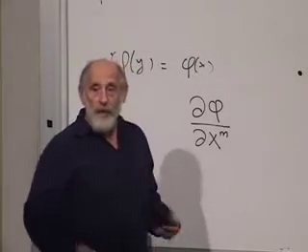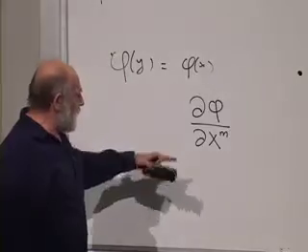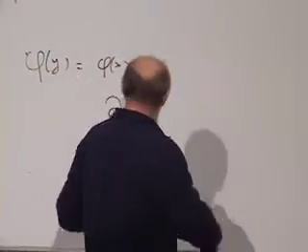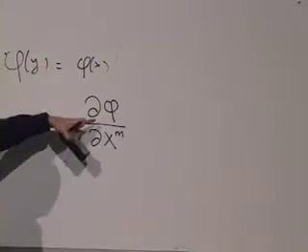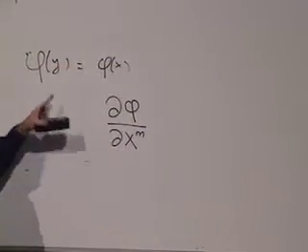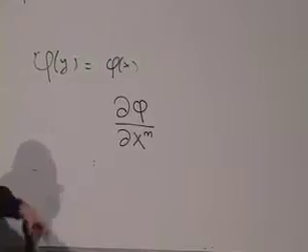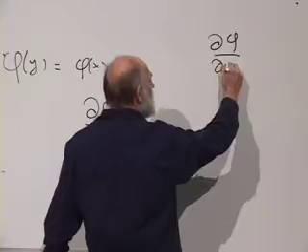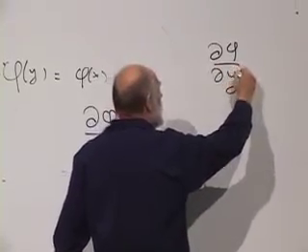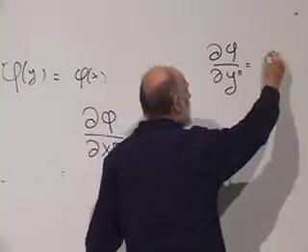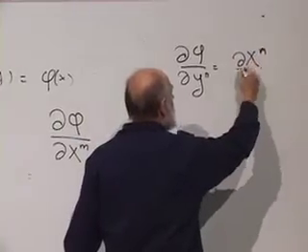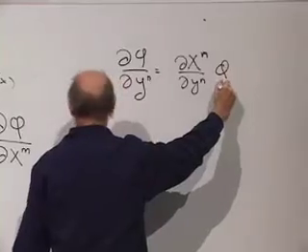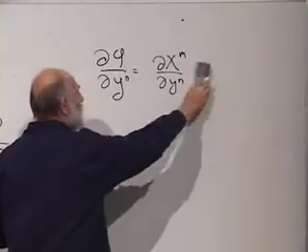But let's just see, mathematically, it's straightforward why it's true that if dphi/dx is equal to 0, then dphi/dy is equal to 0. Mathematically, it's just that dphi/dy^n is equal to dx^m/dy^n times the derivative of phi with respect to x^m.